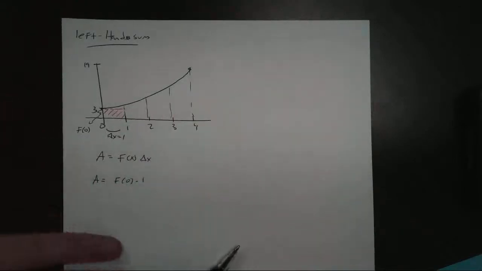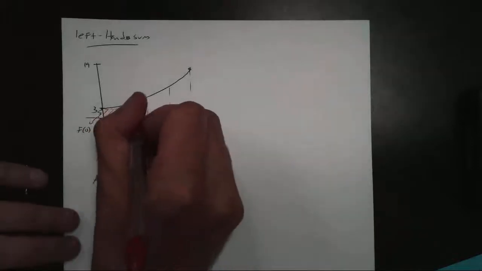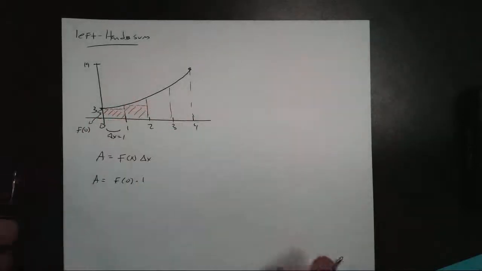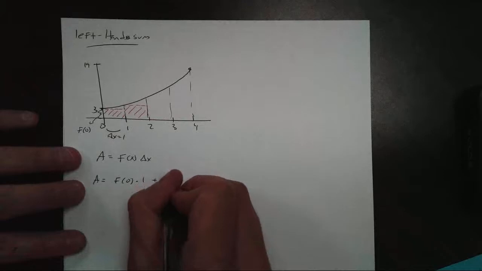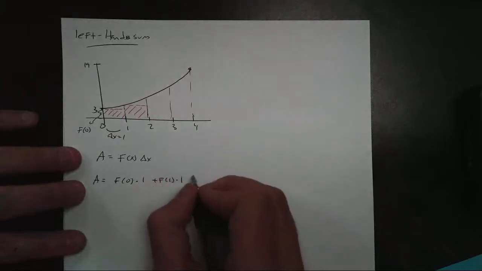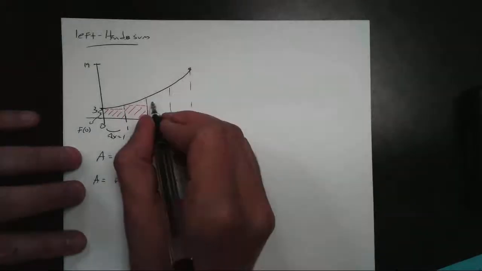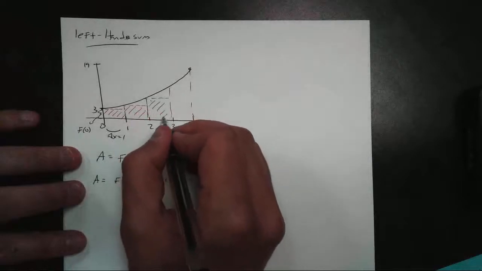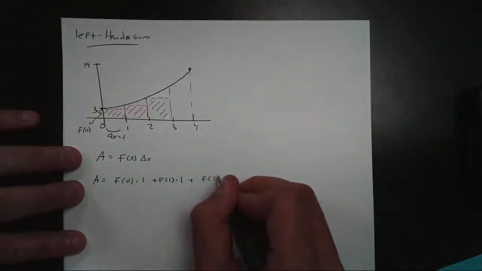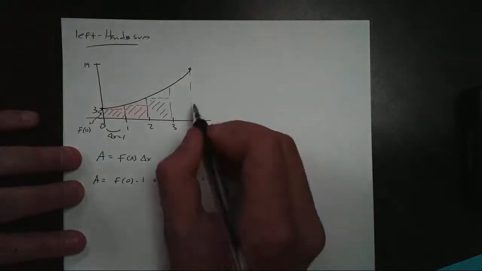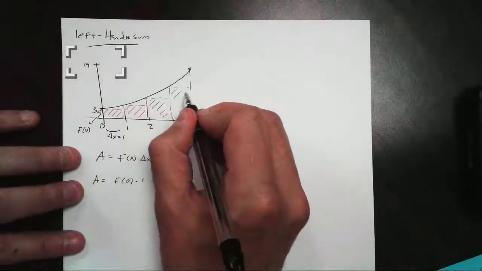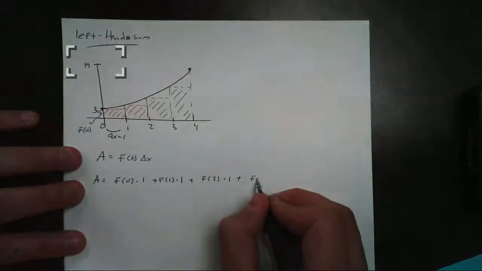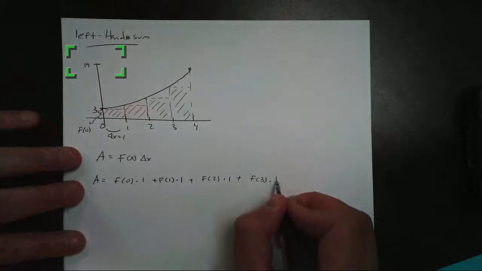The next one, if I break it up again, it's going to be the value at 1. So f of 1 times 1. And then keep going. We get f of 2 times 1. And then the last one, the left side, we're going to get f of 3 times 1 also.